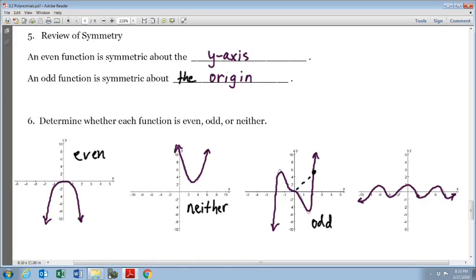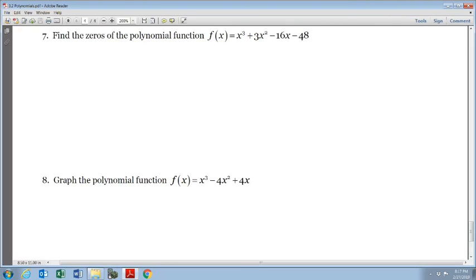In fact, if you pick a point on one side and you draw a line through the origin, you'll see a point the same distance on the opposite side, and that's always true with origin symmetry. It's basically symmetry through the point 0, 0. And then this last one you can also see has y-axis symmetry, and so it's even.